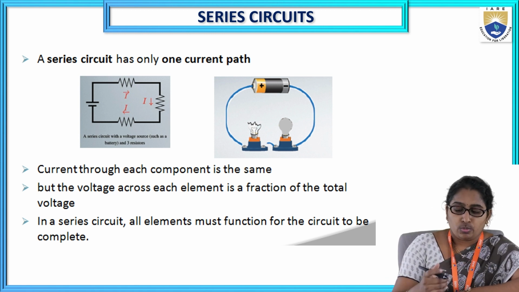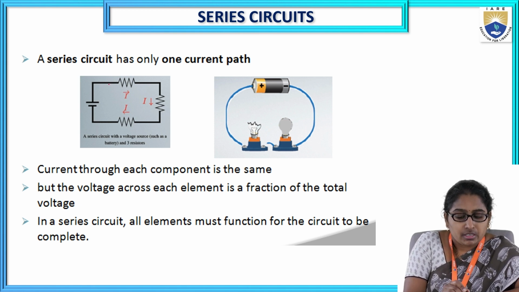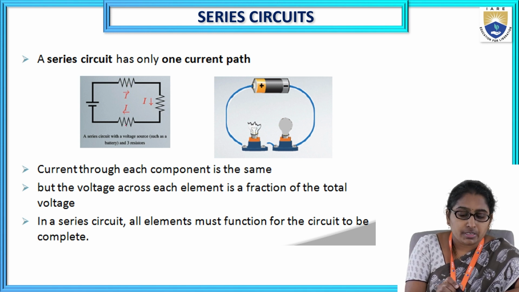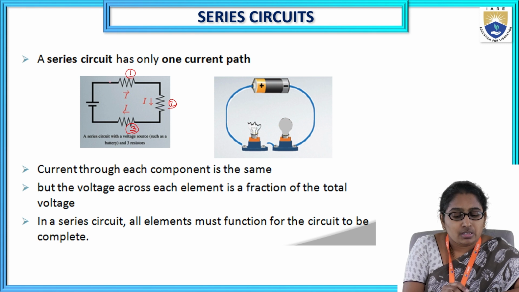First, what is meant by a series circuit? See here, there are three elements: this is the first element, this is the second, this is the third. Series connection means the second terminal of the first element is connected to the first terminal of the second element, and the second terminal of the second element is connected to the first terminal of the third element, and the second terminal of the third element is connected to the supply negative.